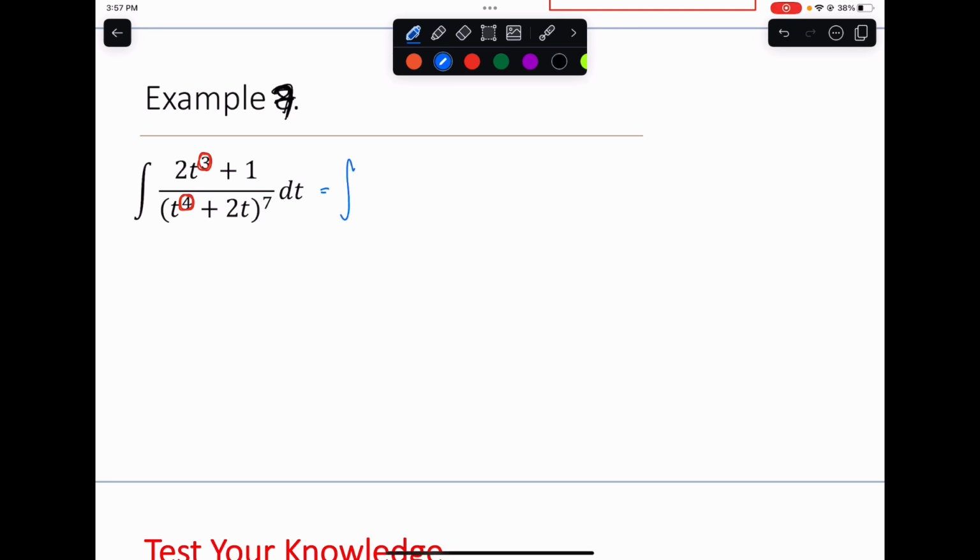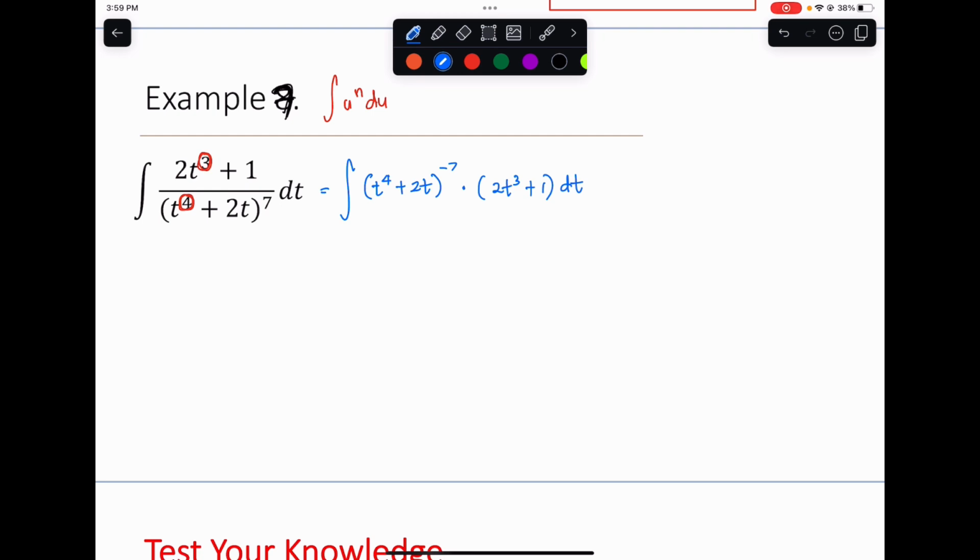Again, for the format of u raised to n du, the one with the exponent would serve as the u. In this case, that would be t raised to 4 plus 2t. And since we move it up, the exponent becomes negative 7. Then our du, hopefully, would be 2t cubed plus 1, multiplied with dt.